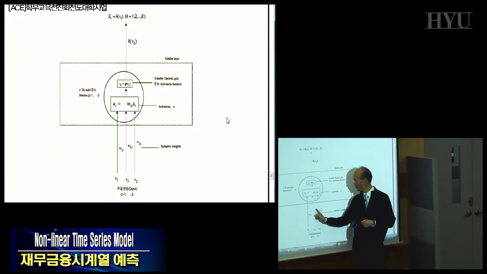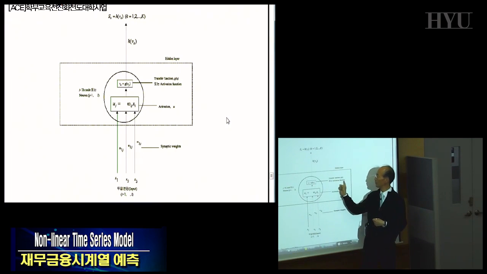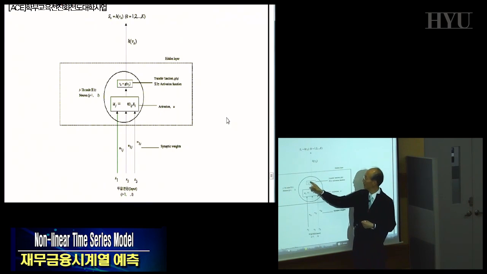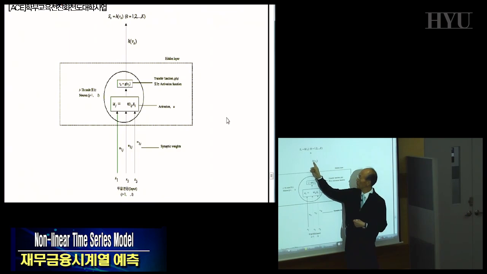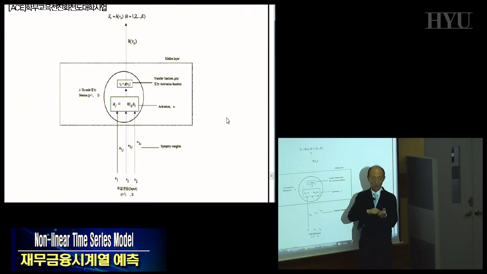If you have magic number, magic weight, okay, then you create this one, and put it through this activation function, so you get some number. And this could be the function that convert this number from 0 to 1. Let's assume that.